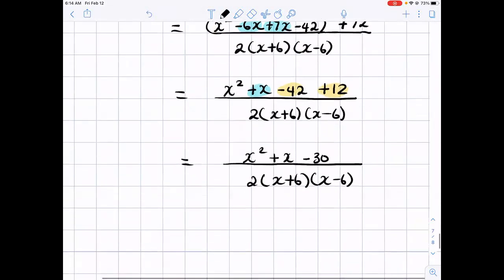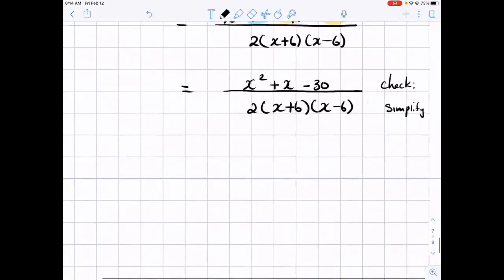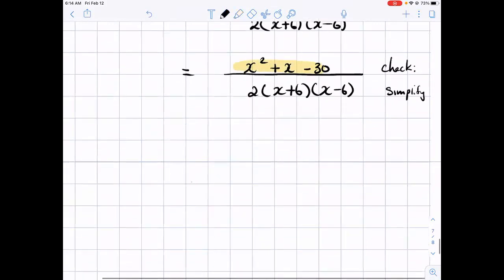Now at this point, you have to check, simplify. Okay? So as you can see, this is quadratic. So this could possibly be factored.